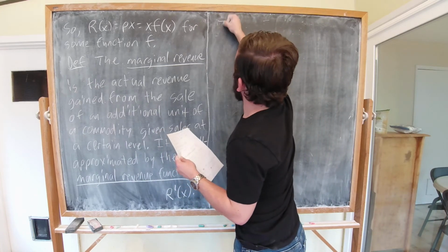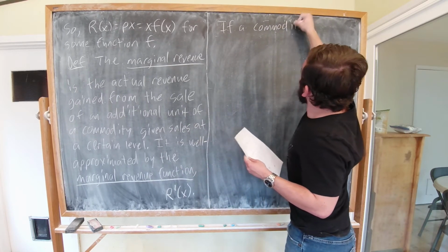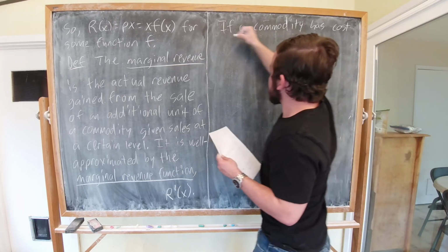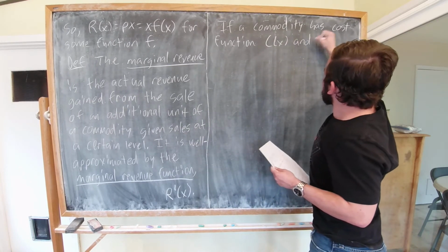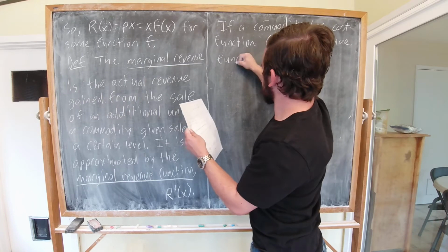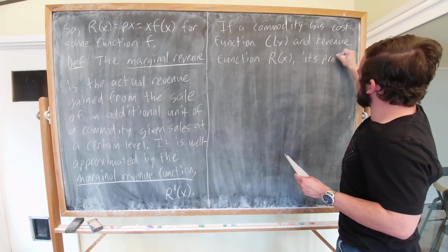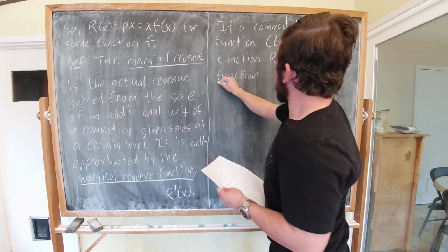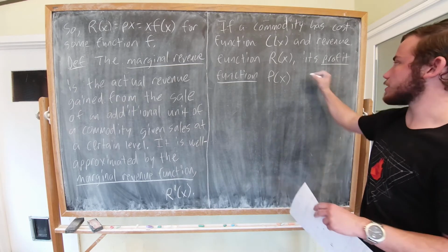So, if a commodity has cost function C of x and revenue function R of x, its profit function capital P of x is going to be given by revenue minus cost.